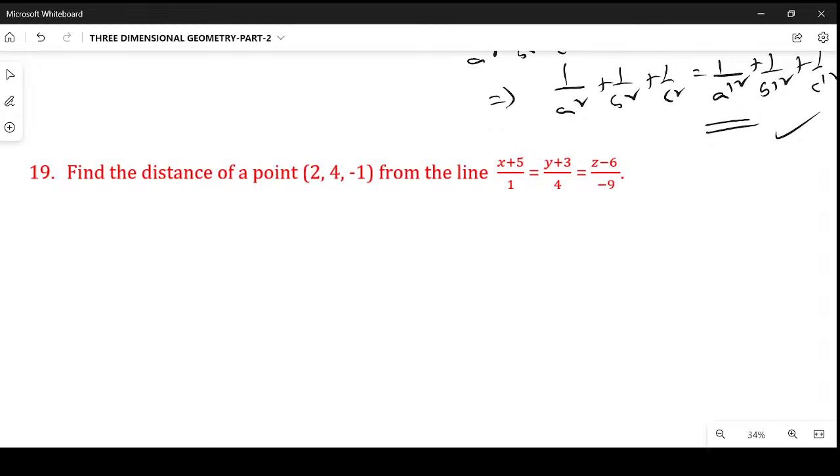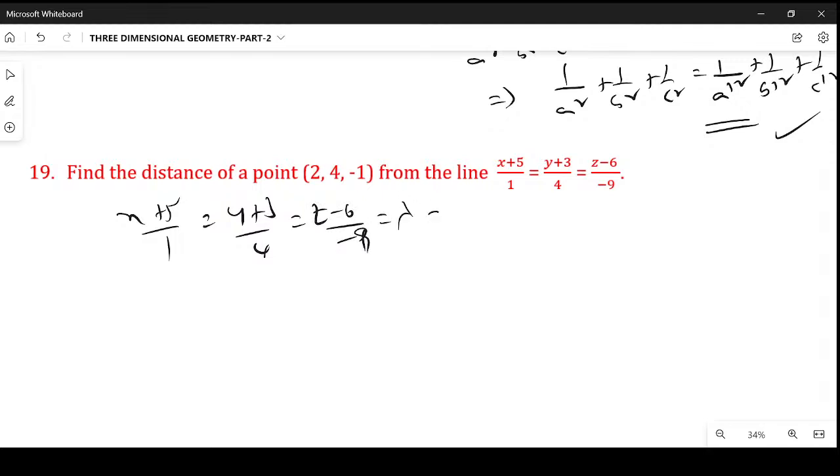What is the general point you take? Consider x plus 5 by 1 equal to y plus 3 by 4 equal to z minus 6 by minus 9 is equal to some lambda.